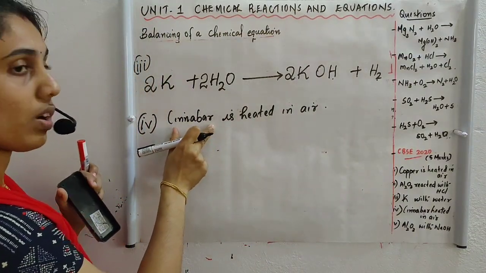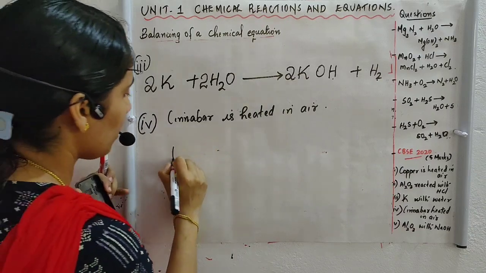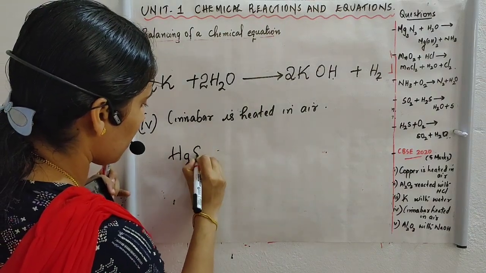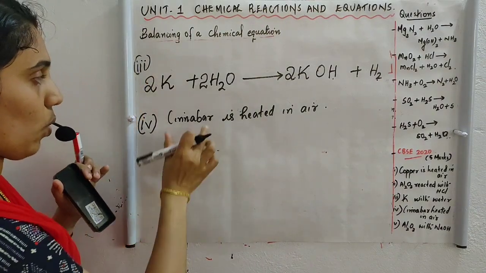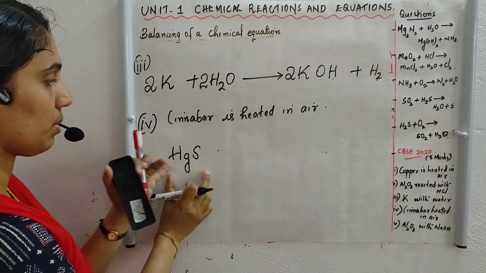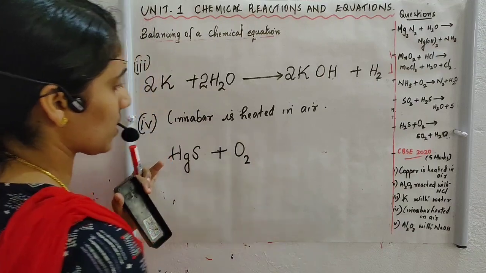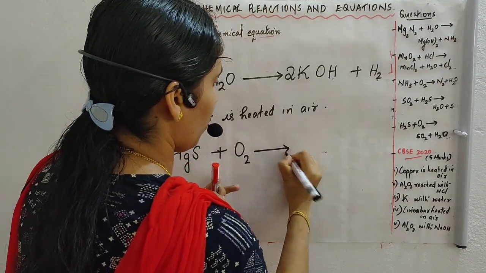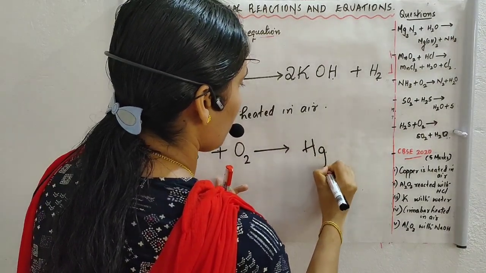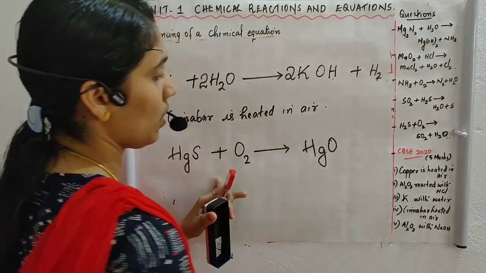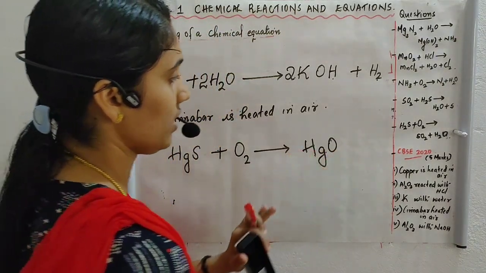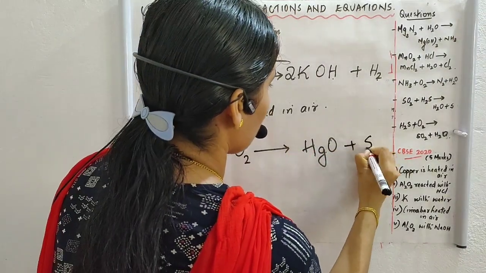Cinnabar is the ore of mercury having the formula HgS. HgS plus heated in air means O2, to form mercury oxide, or mercury 2 oxide, plus SO2.